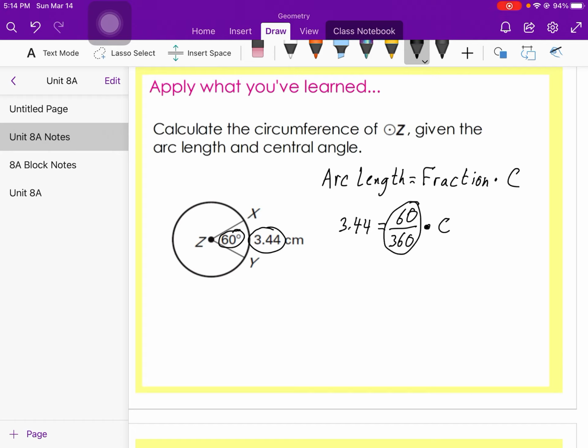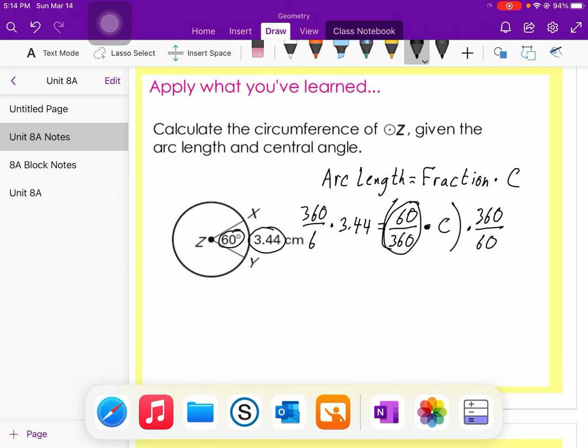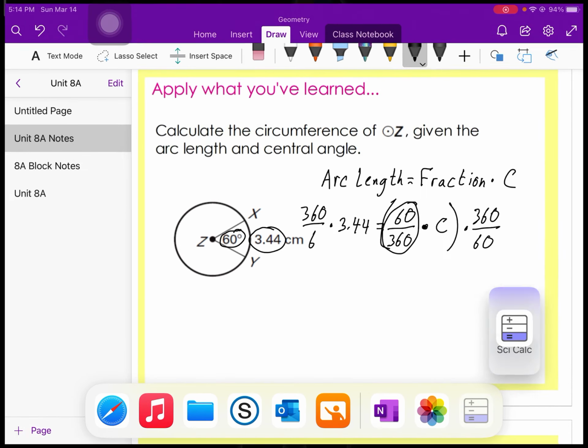Now we need to get rid of this fraction here. And the trick to this is, if you remember how to get rid of a fraction, you can just multiply by the reciprocal. So we're going to take both sides and multiply by 360 over 60. And this is going to give us our answer.